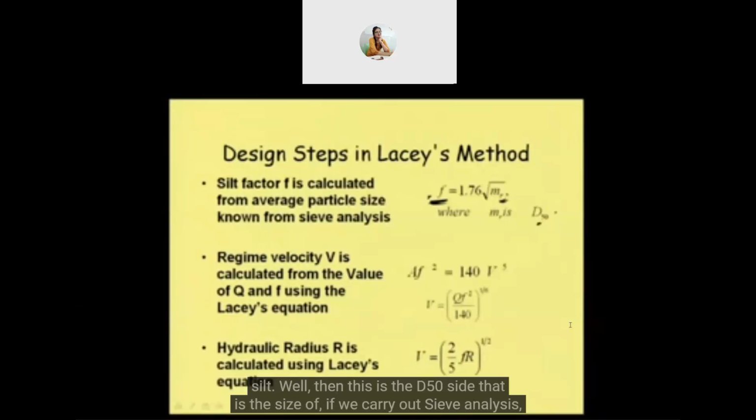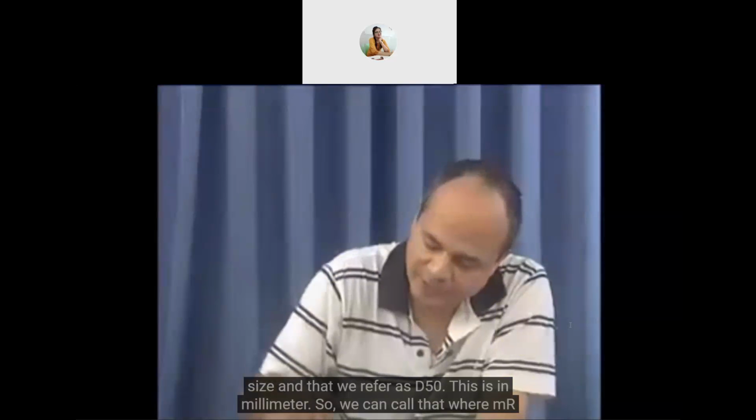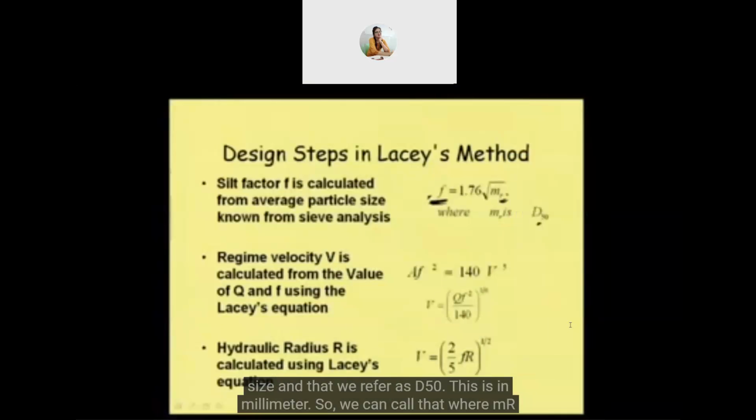If we carry out sieve analysis, the size for which 50% is finer than a particular diameter is referred to as D50, and this is in millimeters. So MR is D50 in millimeters, and that way we can get the F value.